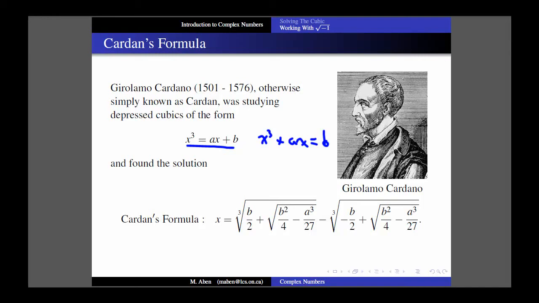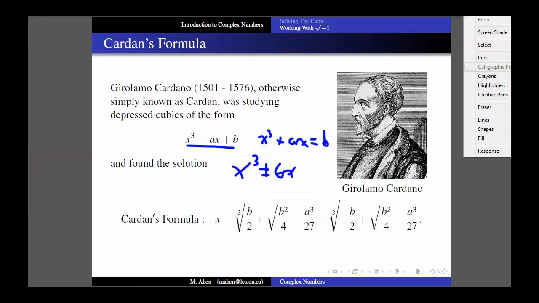So for instance, if I went back to my previous equation that we just solved, we had x cubed is equal to, sorry, that's not what we had. We had x cubed plus 6x. That's supposed to be a plus now. Plus 6x. Let's see, I should have an eraser here.